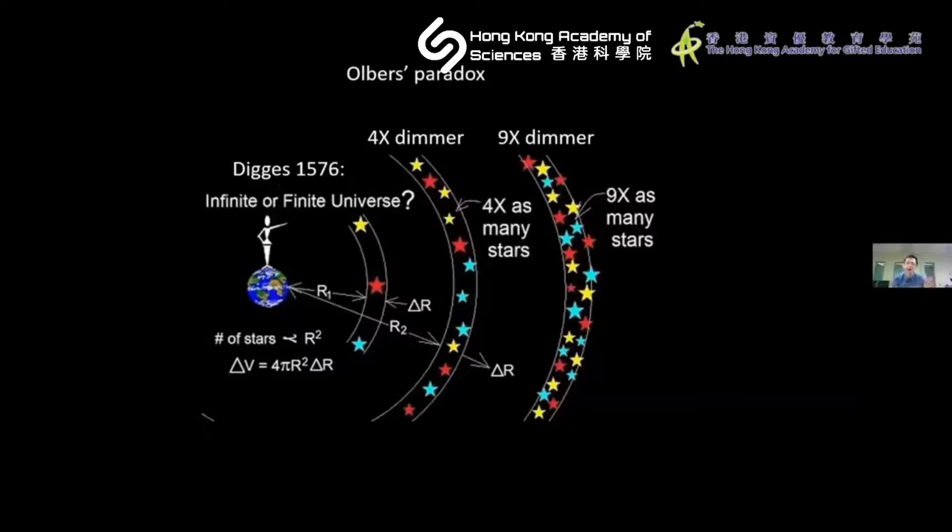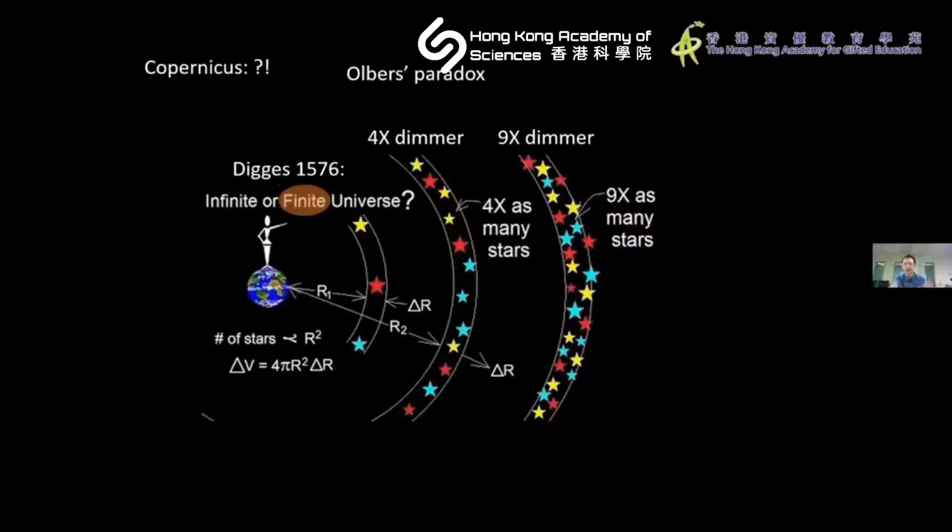So one resolution of the paradox, why our night sky is not infinitely bright, is that in some sense, our universe is not infinitely large. And in what sense? You probably already know the Copernican principle, which says that we are not the center of our universe.